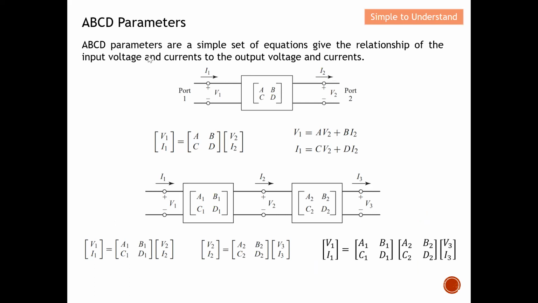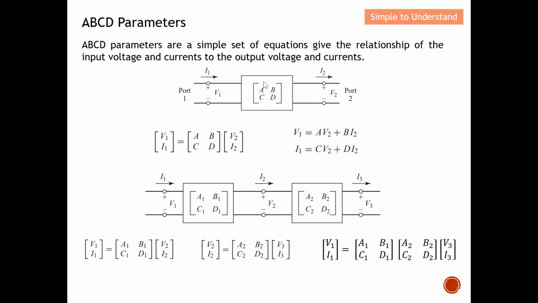Okay, so let's quickly understand what ABCD parameters are. These ABCD parameters are just a very simple set of equations. They give a relationship between the input voltage and current versus the output voltage and current. In short, if you take a look at this equation and this diagram, you can see that all the input is on your left and all the output is on your right. We have the input voltage, the input current, the output voltage, and the output current, and you can see that they are related by ABCD parameters.